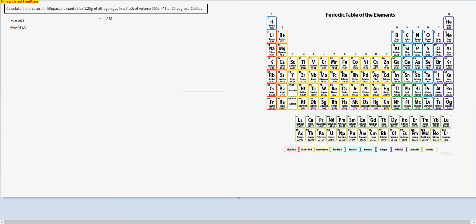The molecular weight can be pulled from your periodic table. Some things are intuitive, like if you want to know the molecular weight of CO2, you'd say carbon is 12.01 and 2 oxygens is 16, so 12.01 plus 16 plus 16.